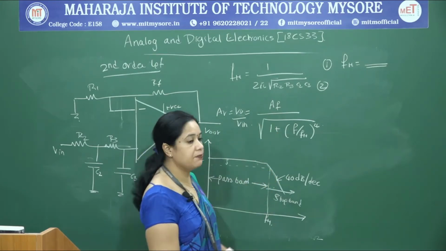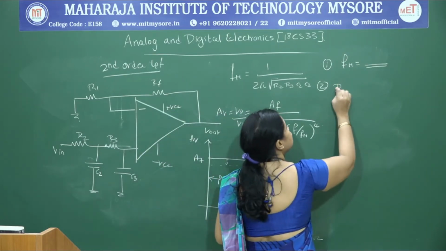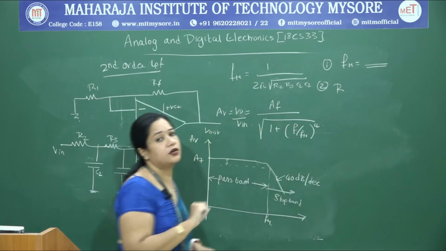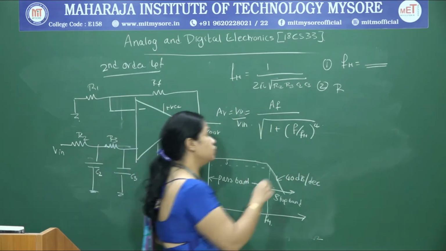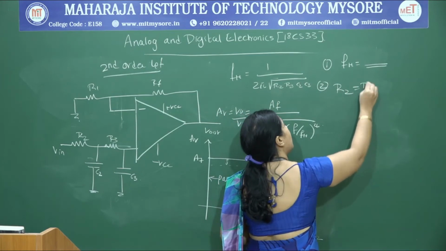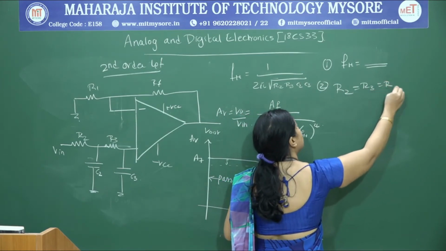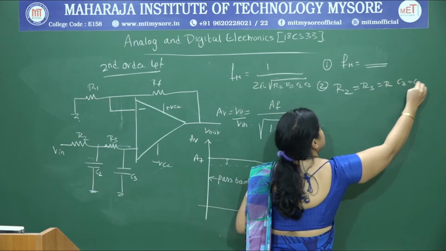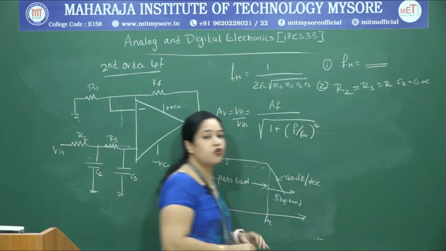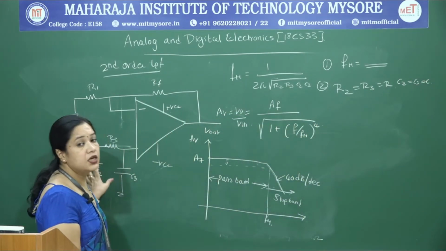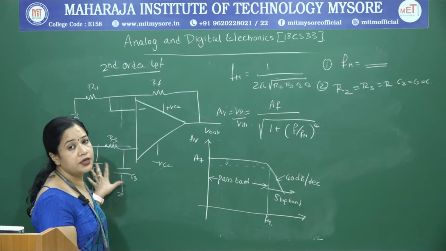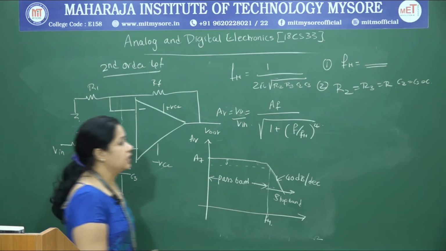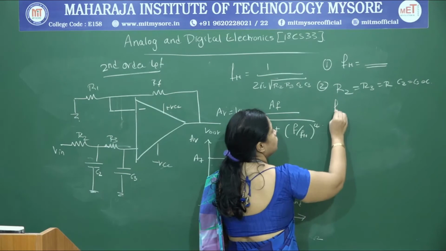To make things simple, I take 2 identical RC sections. I take R2 equal to R3 equal to R, and C2 equal to C3 equal to C, instead of different values making the design complex.